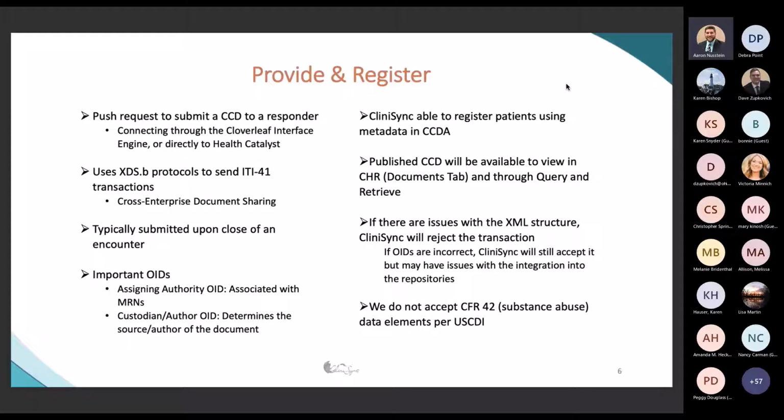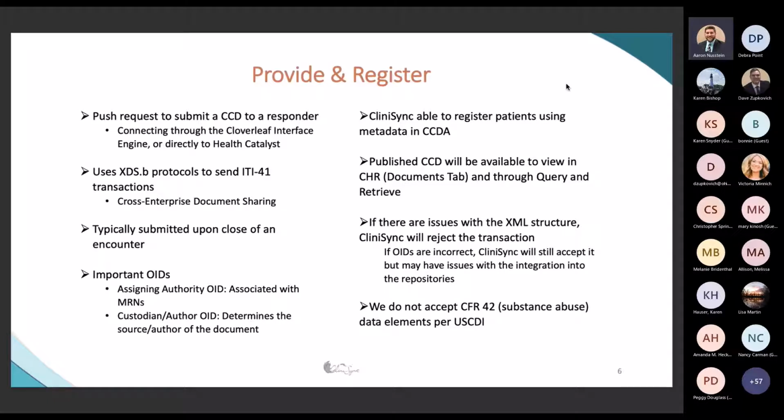However, if OIDs are not correct, no errors occur. So if you do start publishing CCDs and those OIDs are not correct, it can have ramifications downstream. For instance, CCDs might not be available in queries or might not be seen in the CHR.